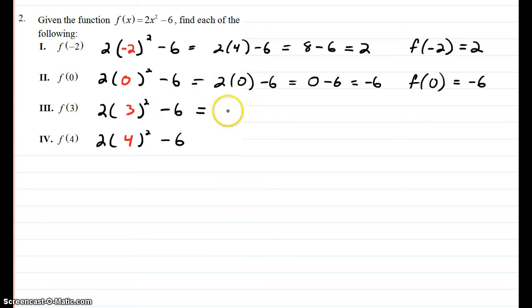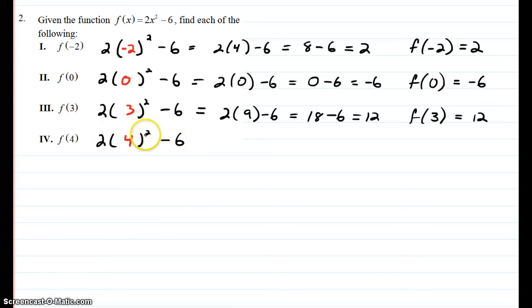3 squared gives us 9. 2 times 9 is 18. 18 minus 6 is 12. So my input is 3, my output is 12.